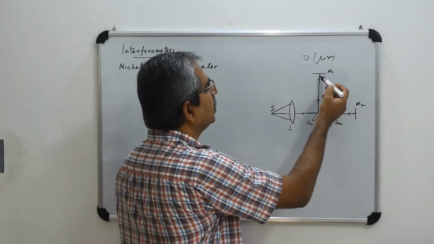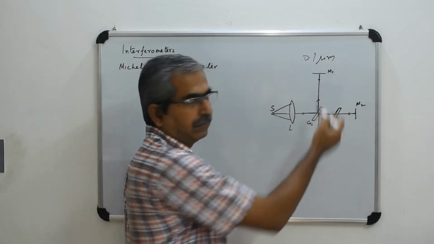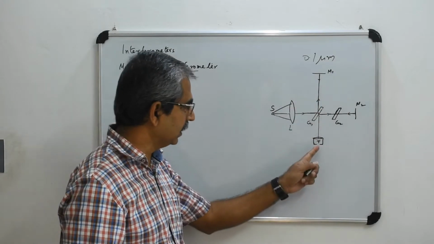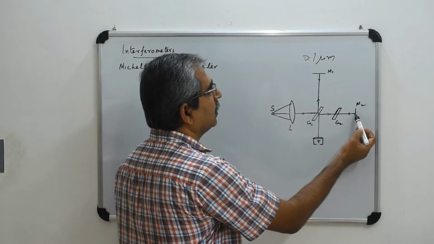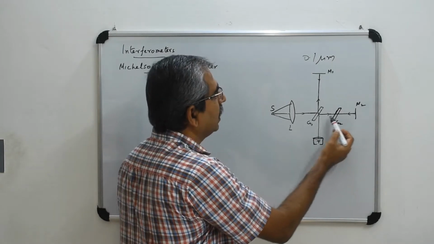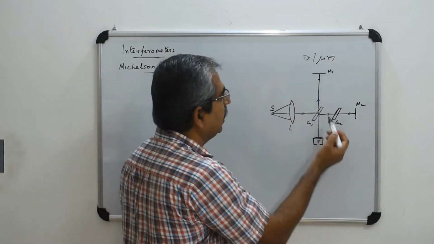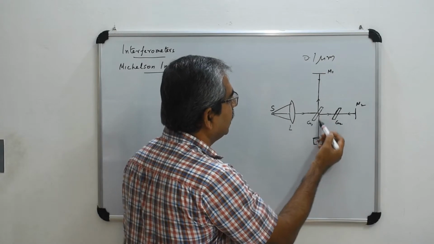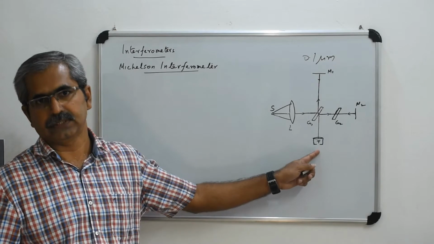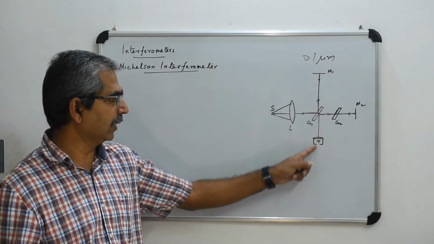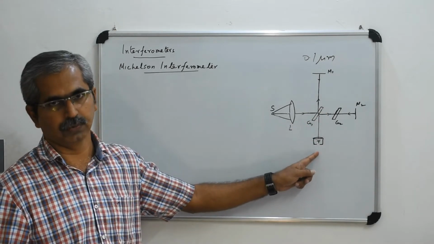The light reflected from M1 reaches the telescope along this path, and the light reflected from M2 reaches here at 45 degrees, so it will be reflected, and that light also reaches the telescope T, where the observer is. So these two light rays reach the telescope T.